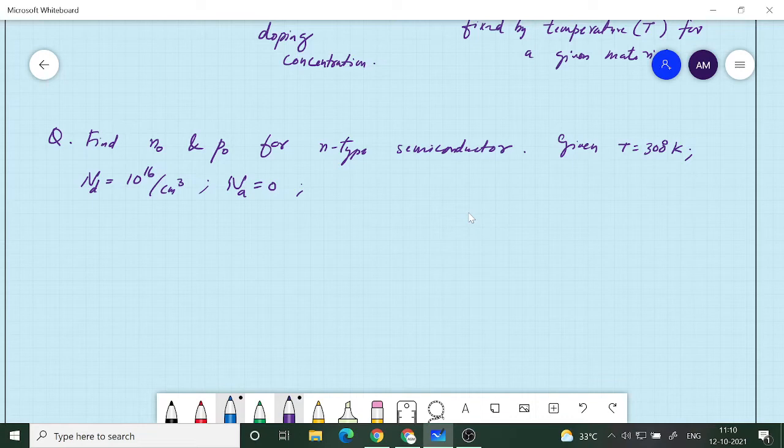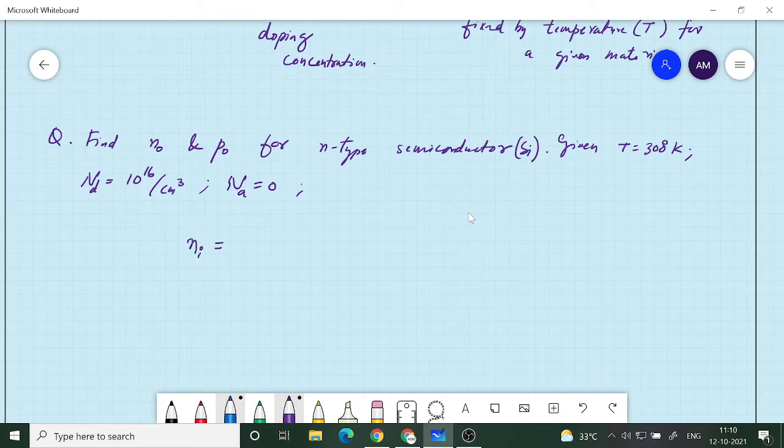Since temperature is given, you can find ni. Let's assume that this is silicon, n-type semiconductor.